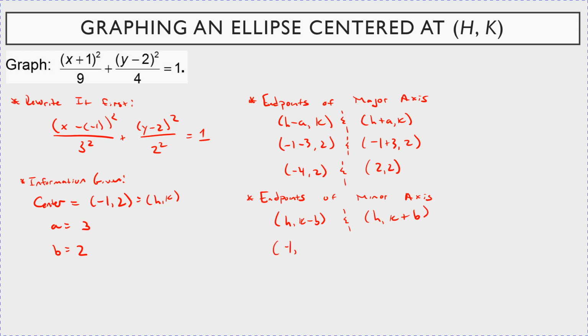It's -1 comma k, which is 2 minus 2. And then it's -1 comma k, which is 2 plus b, 2 plus 2. So this is -1 comma 0 and -1 comma 4. All right, plot the 4 points. And then from there you'll see, whoop, it's going to become really, really quick and easy to do.